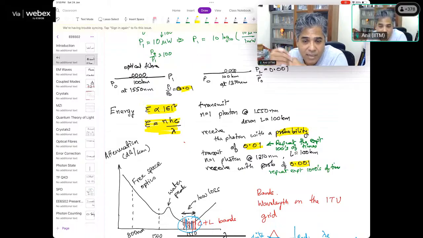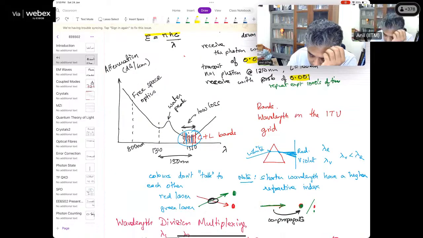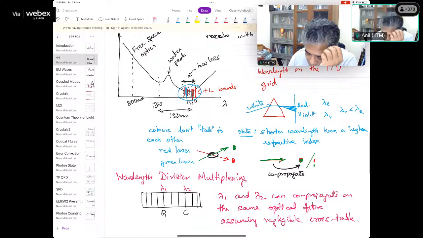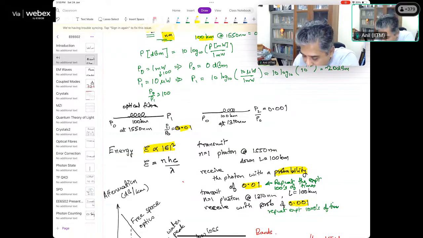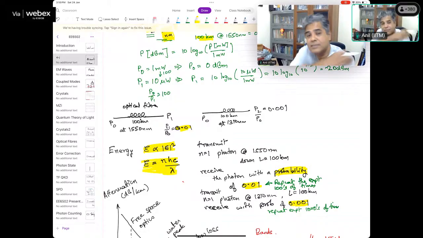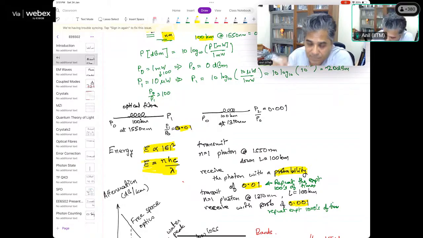So I have this proportionality to E square happening here, and this is a classical idea. And similarly out here, I have E is equal to nhc by lambda, which is saying that if I have n photons, this is the energy of them.